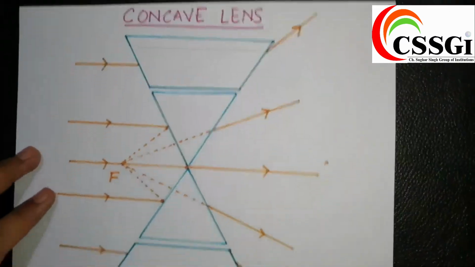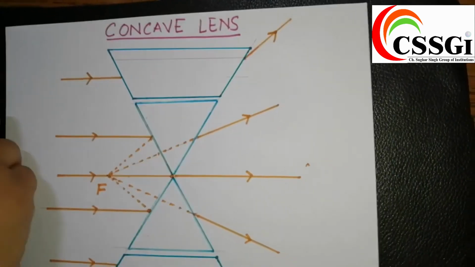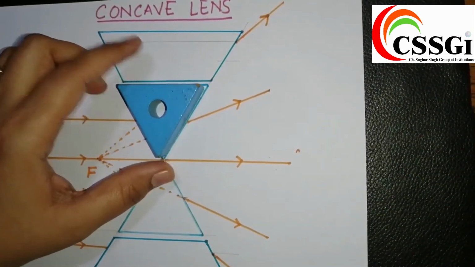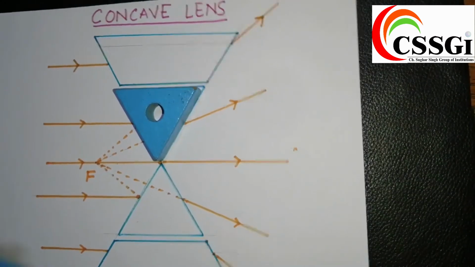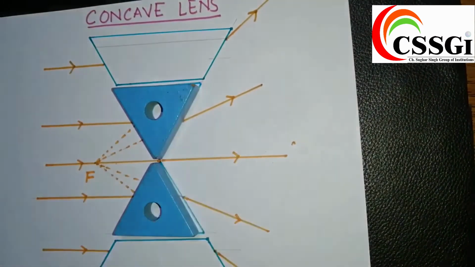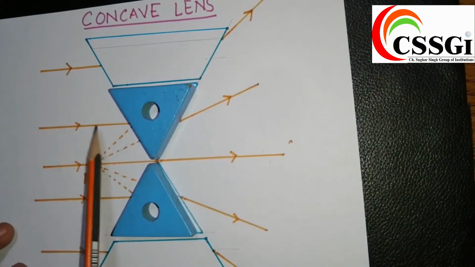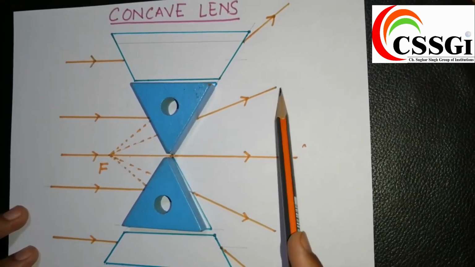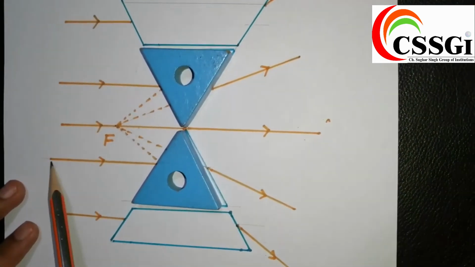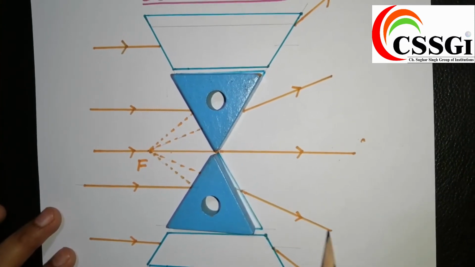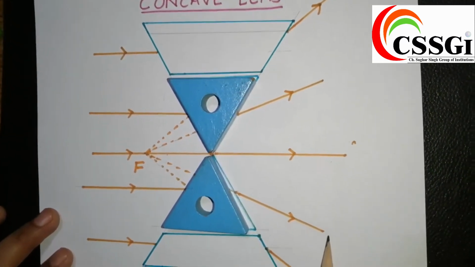For concave lens, we place prism in an inverted position like this and like this. If you remember that when the ray passes parallel to the base of the prism, it bends towards the base. Here also, when the ray passes parallel to the base of the prism, then it bends towards the base.